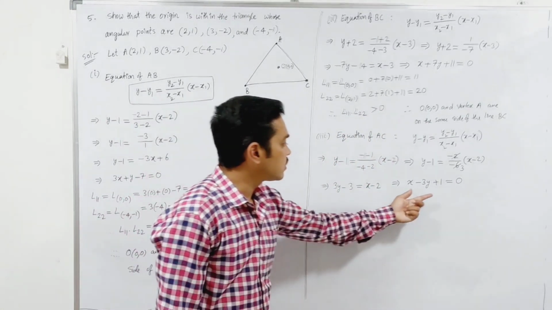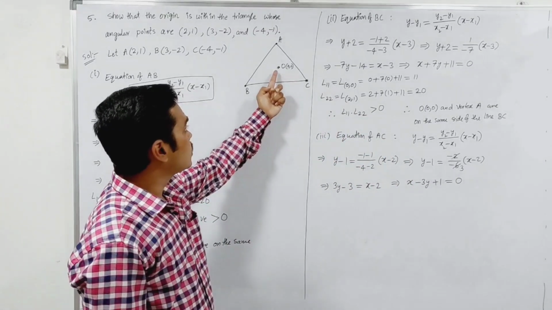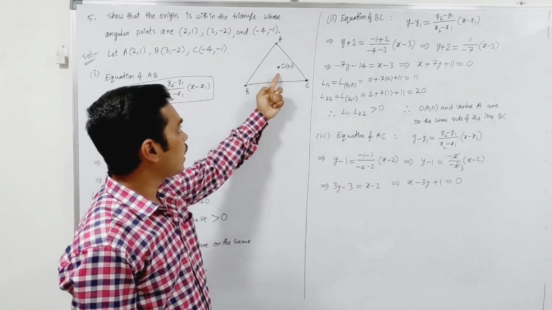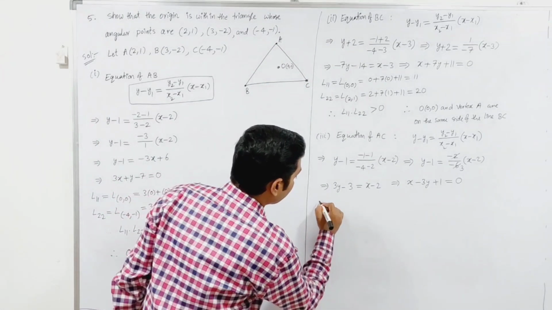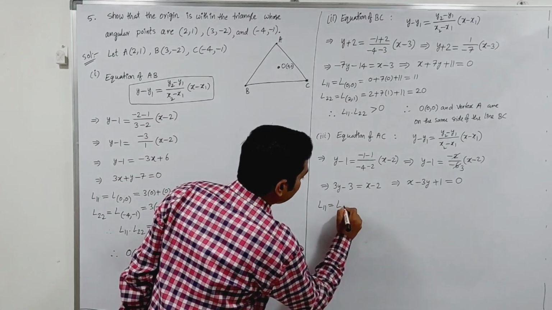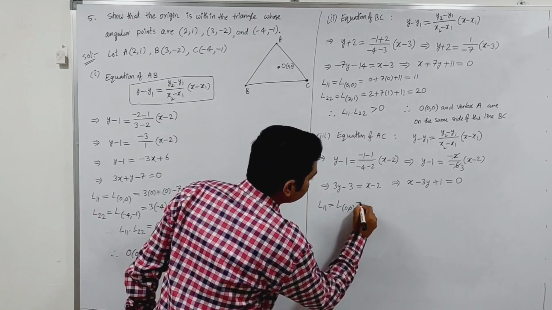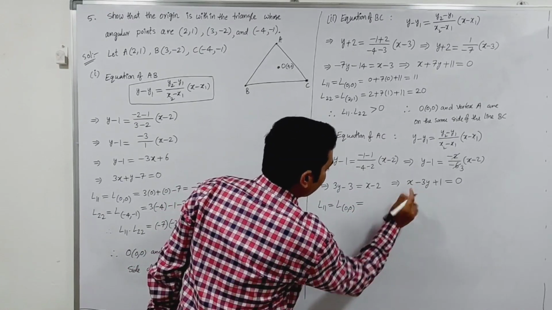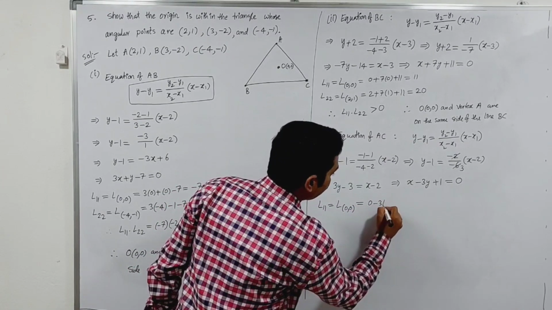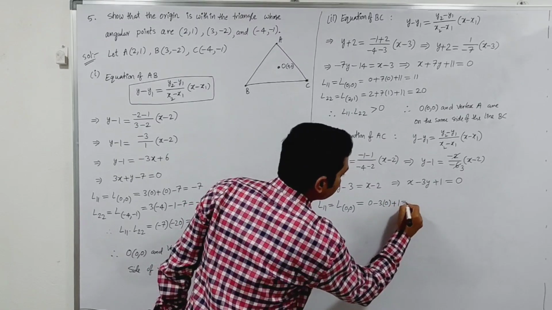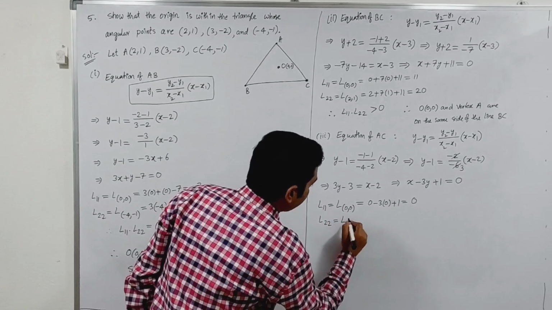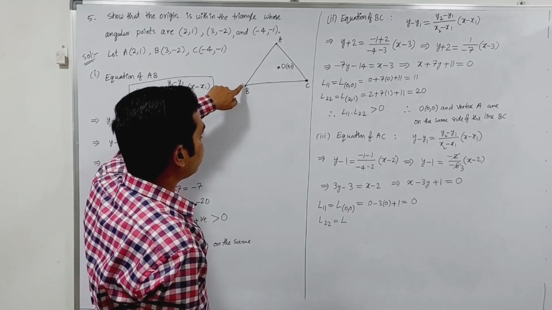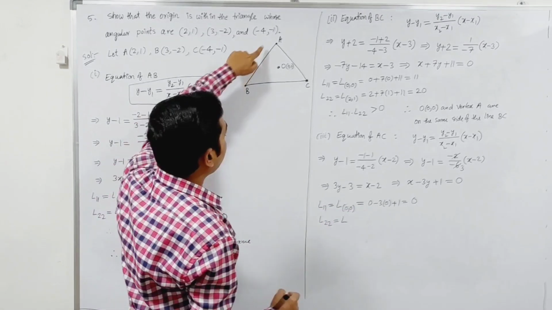After finding the equation of AC, verify the positions of the remaining points. What are the remaining points? Here, vertex B and the origin. First of all, find L11, that is L at (0, 0): in the place of x put 0, minus 3 into 0 plus 1, which is equal to 1. And find the L22 value, that is the second point, B, according to the AC line.